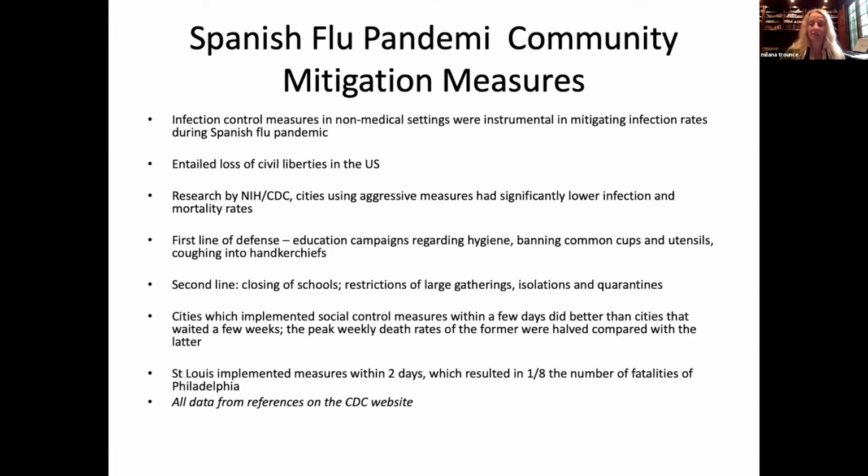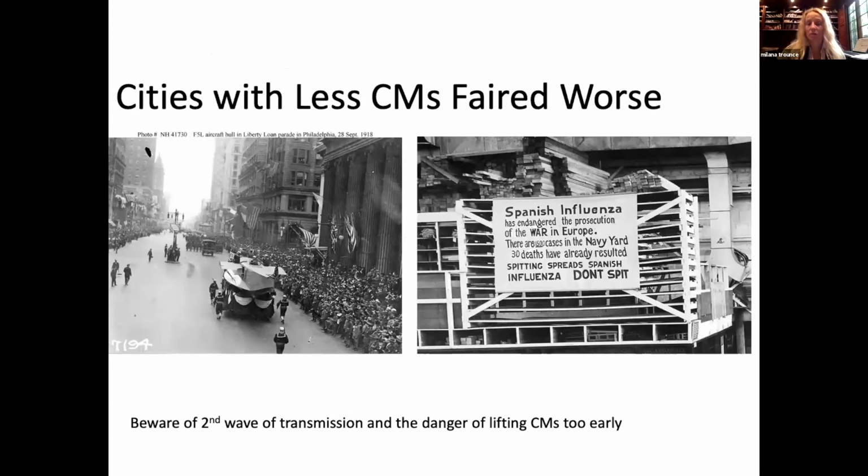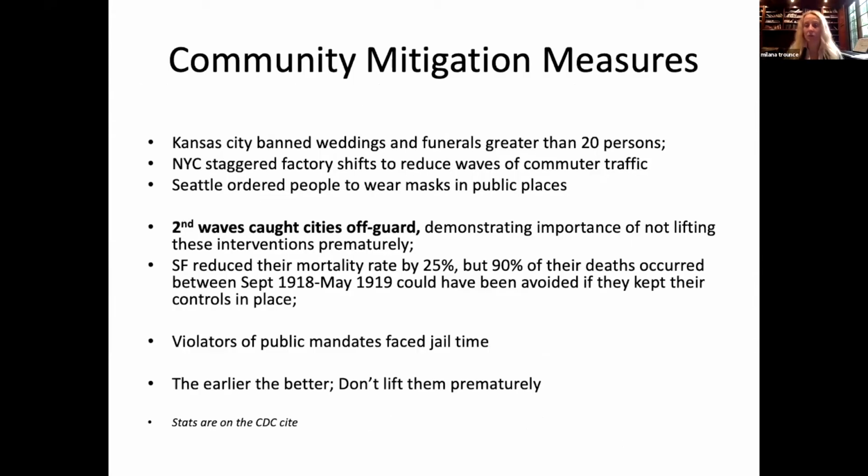That's a lot of lives saved with these interventions alone. And this is non-medical. This data is available on the CDC website. So cities without these control measures fared much worse. And something to keep in mind with COVID-19 now, as with Spanish flu: beware of the second wave.